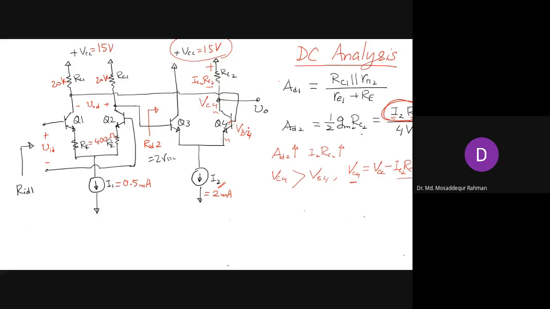So there is a limit. VC4, which is VCC minus IC2 RC2, has to remain greater than VB4. That means IC2 RC2 has to remain less than VCC minus VB4.